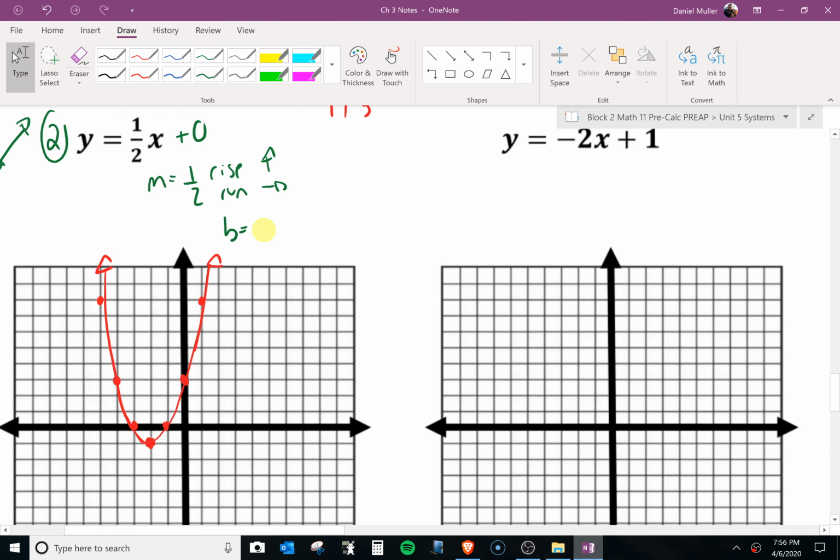So we're going to start at the 0, and then we're going to have a slope of 1/2. So we start at the 0, and we have a rise of 1. Whoops. Rise of 1/2. Up 1/2. I'll do the same to the other side. Down 1, left 2. Down 1, left 2. Down 1, left 2.